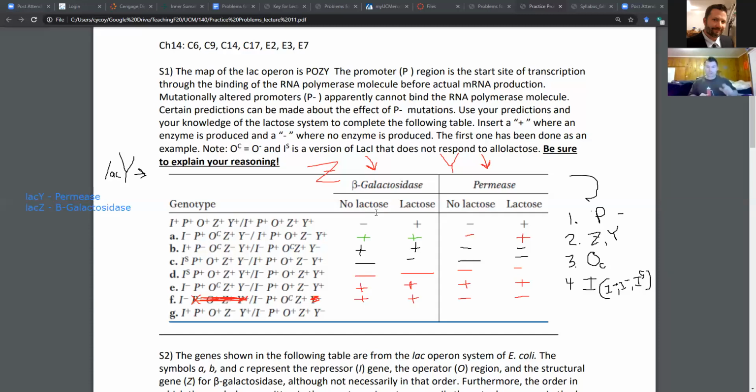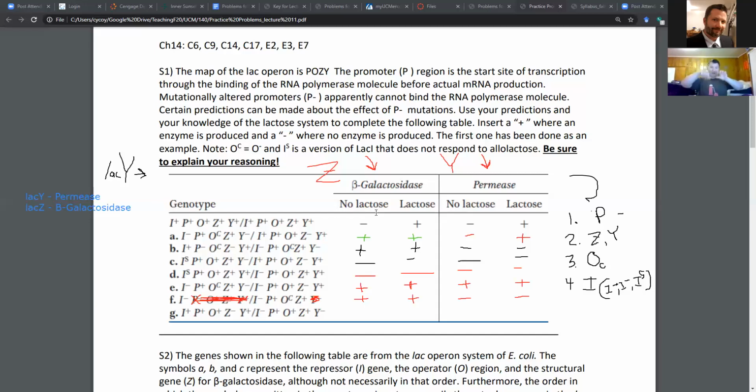Also, when glucose is present, this is shut down because it's more efficient for the bacteria to use the glucose. So that's the whole cyclic AMP, catabolite activating protein.